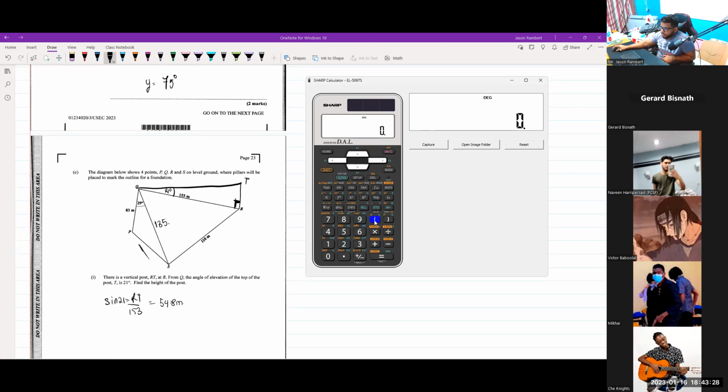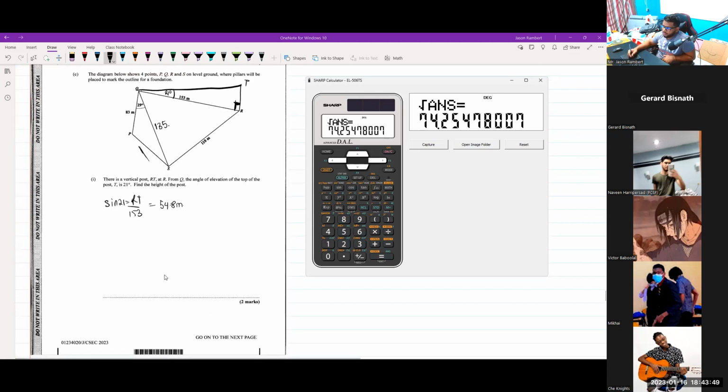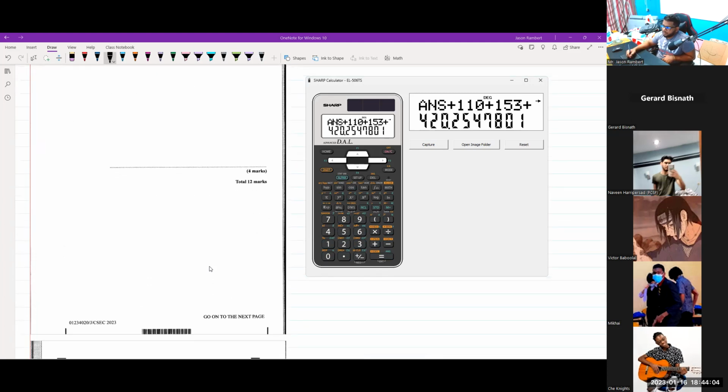A squared is B squared plus C squared minus 2BC cosine 29, and the square root of that gives 74.25 for PS. I'll remember that again.